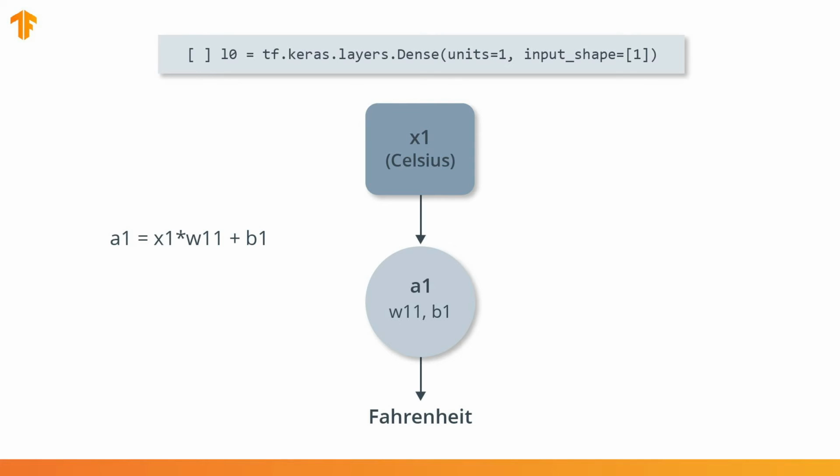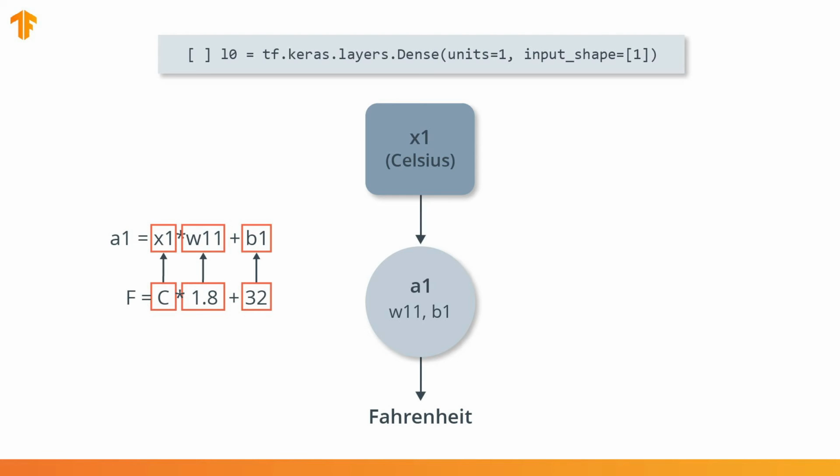With a single neuron, we only have one weight, W11, and B1 available to tune. But you know what? That's exactly what we needed to solve the Celsius and Fahrenheit problem, since the formula to convert Celsius to Fahrenheit is the linear equation F equals C times 1.8 plus 32.